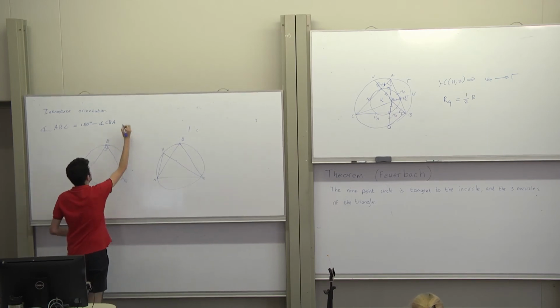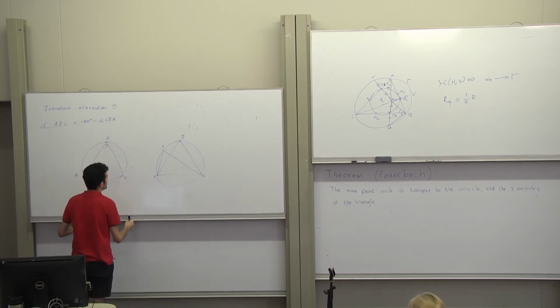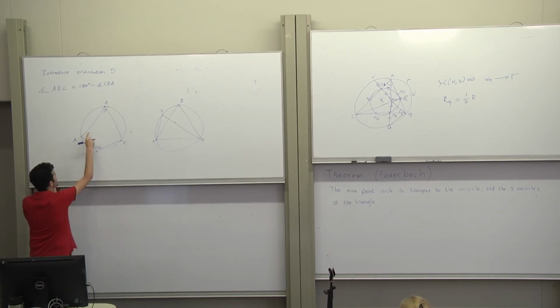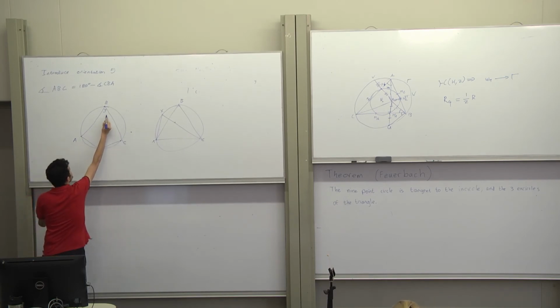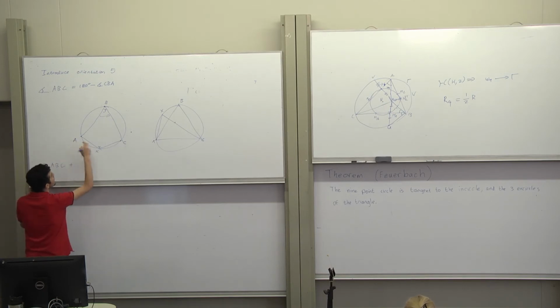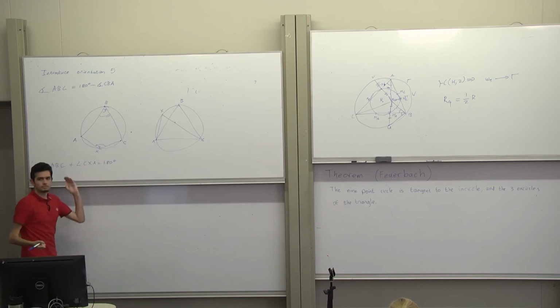Now, I'm going to make sure that my orientation is anti-clockwise. So we want to go anti-clockwise, which means we want to go that way, which means we start at A, B, and then C. So angle ABC, plus, and then anti-clockwise again, so that way, angle CXA equals 180 degrees, because cyclic quadrilateral.